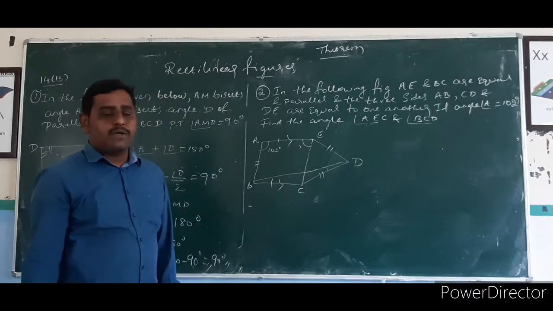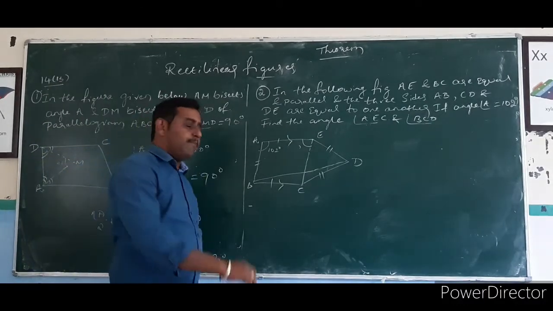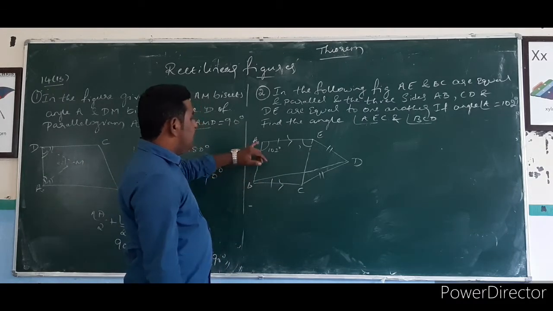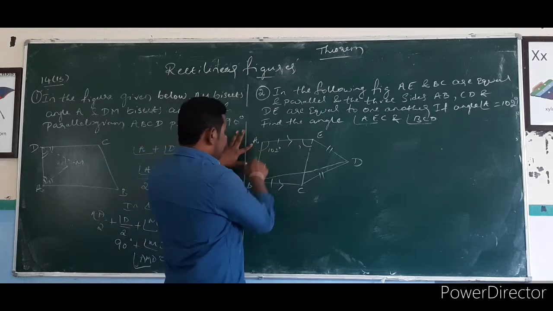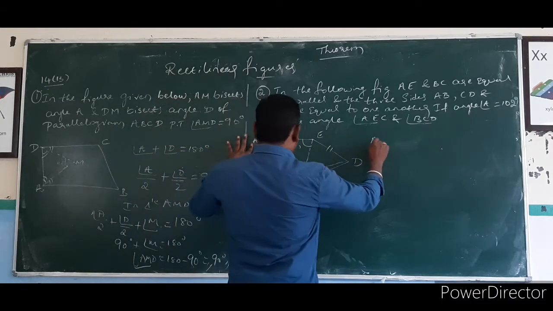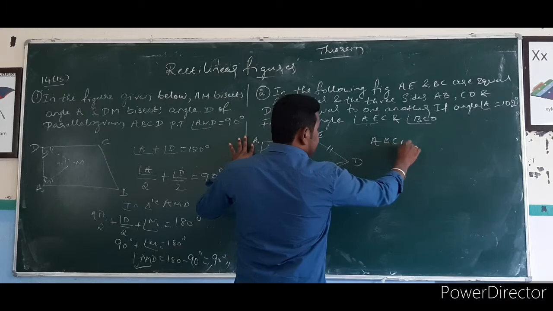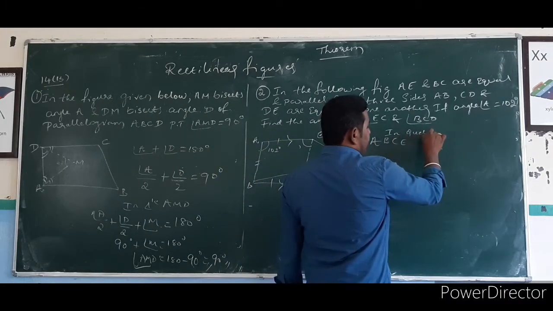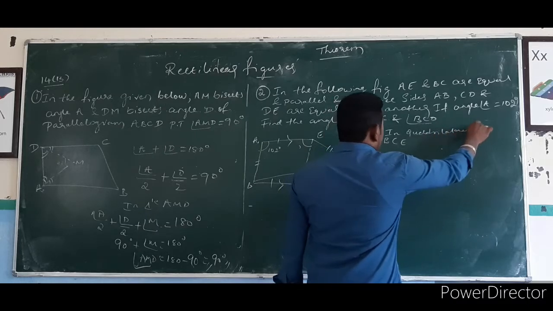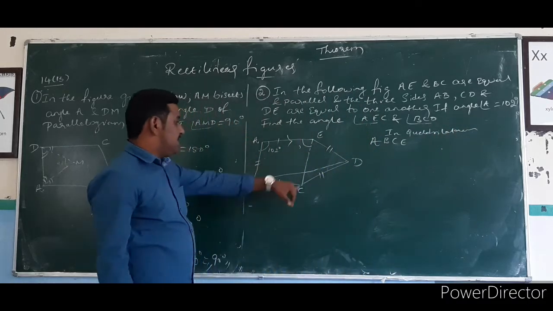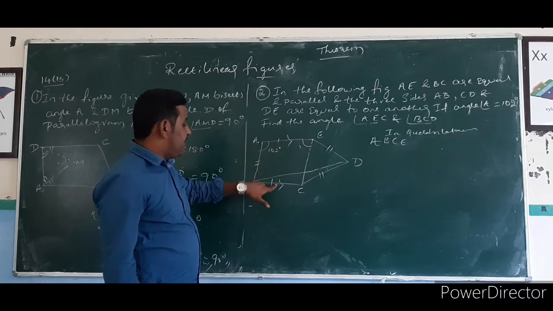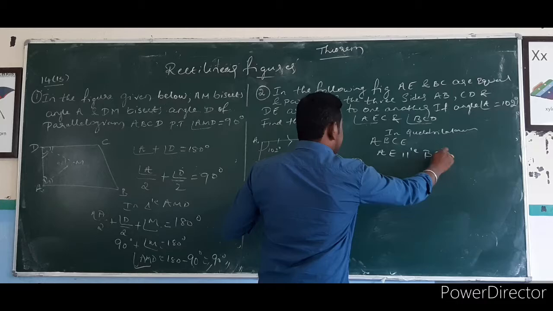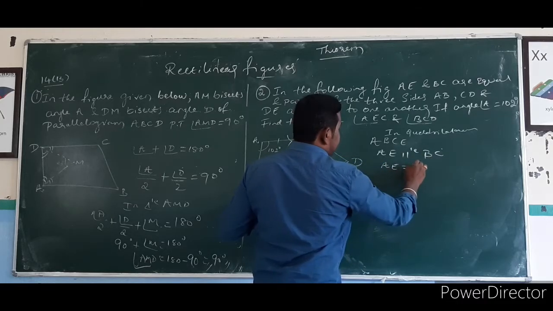How to find it? We go back to the theorem. Consider the quadrilateral ABCE. AE is parallel to BC and AE is equal to BC.